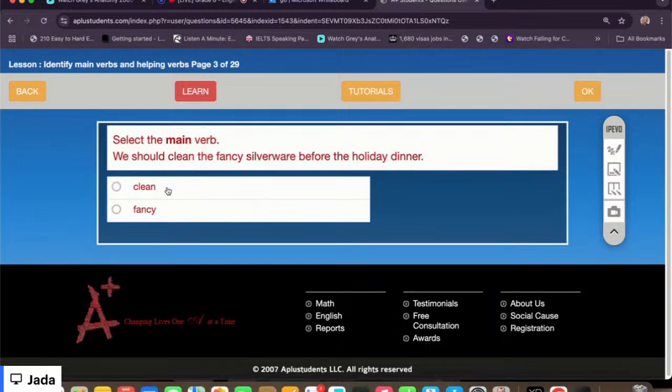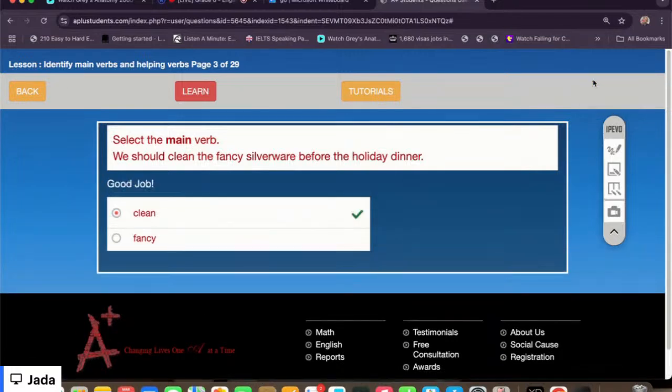All right, so we have clean as the main verb.